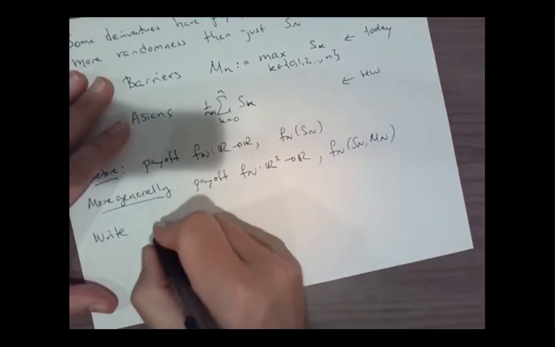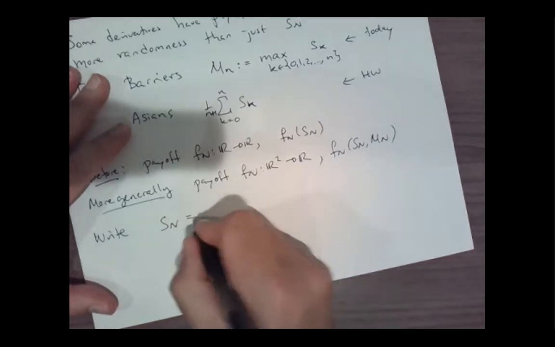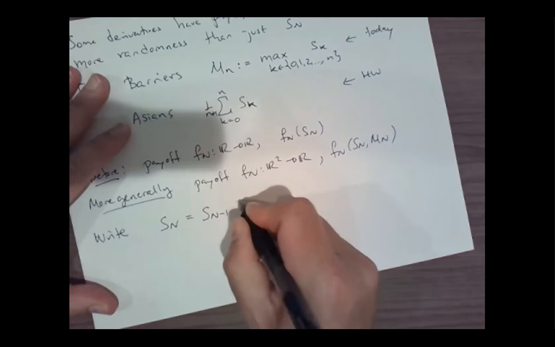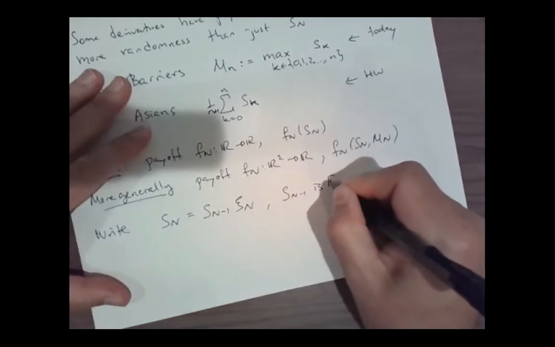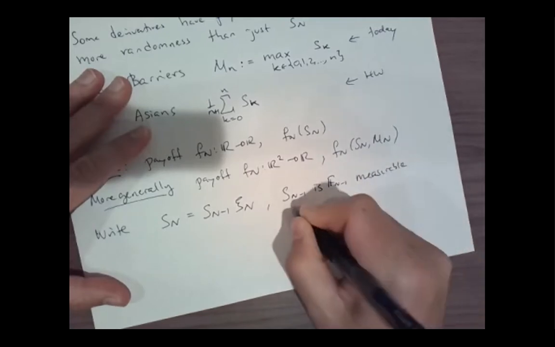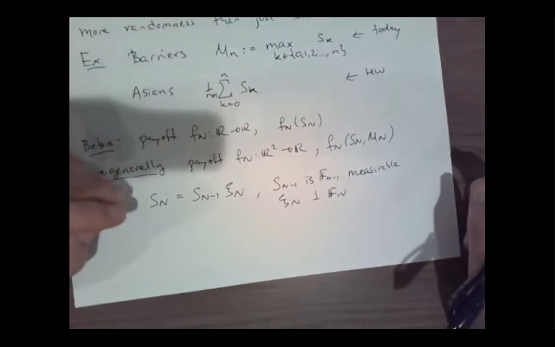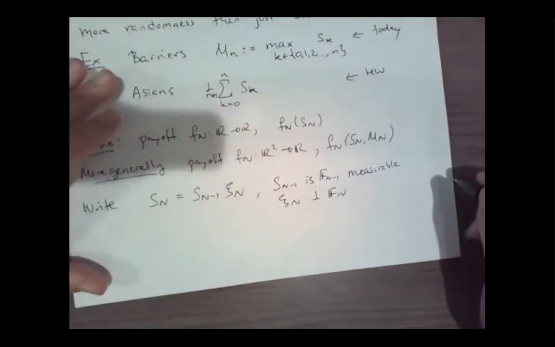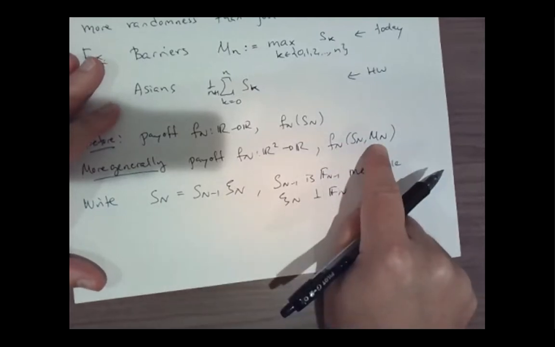So as before you write the stock price Sn as Sn minus 1 times your coin flip, right? It has the property that Sn minus 1 is Fn minus 1 measurable, and the coin flip is independent. This is what is needed to use the independence lemma. So we're good there. But now we also have this M sitting in here.